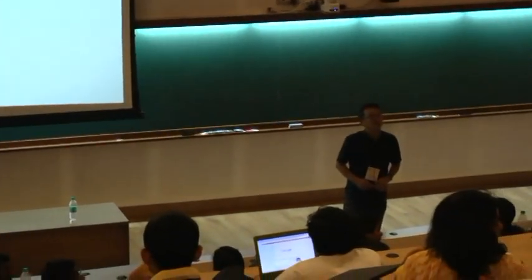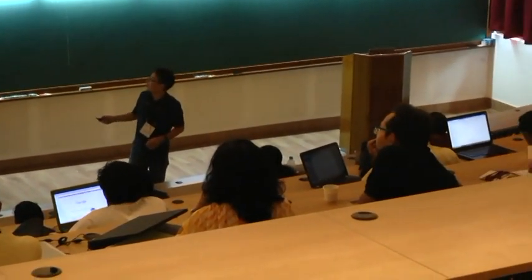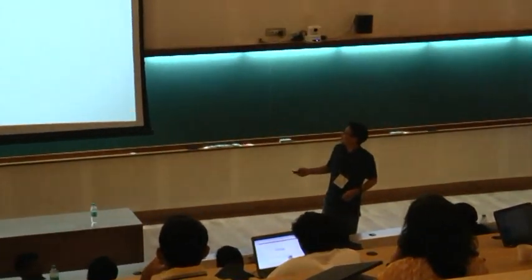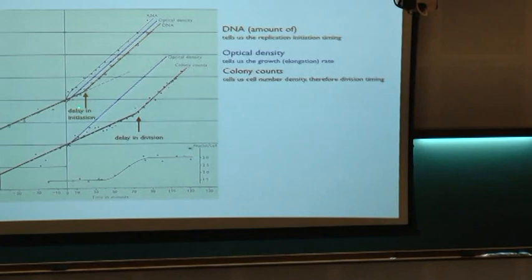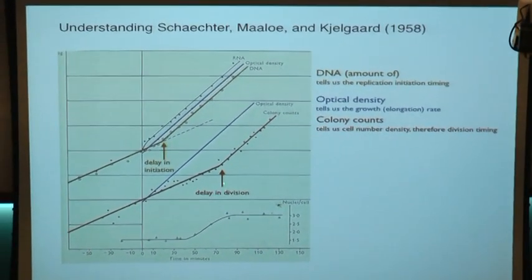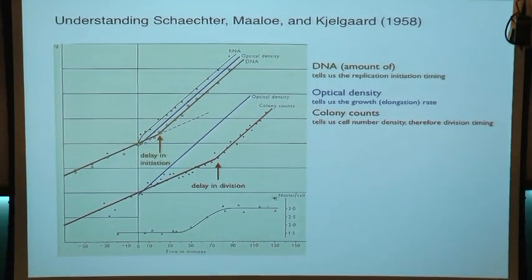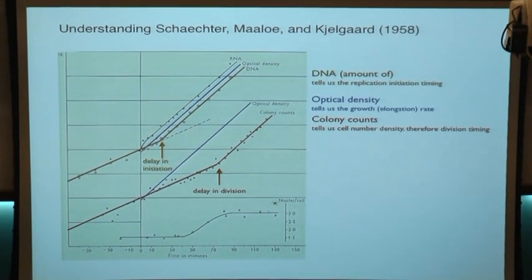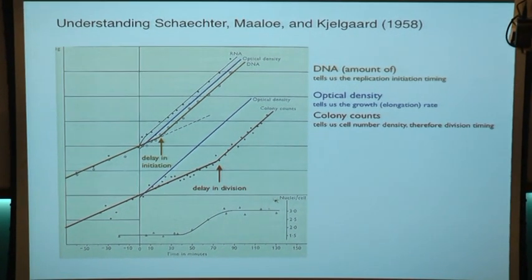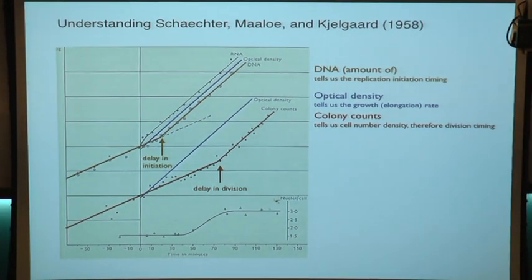Yes. If I see this correctly, there's a shift in the slope because of the initiation, right? Which happens 10 minutes post shift up, and then 70 minutes post shift up there's the delay in division, right? That would mean that the difference between the two delays is about 60 minutes, which is what C plus D is, right?